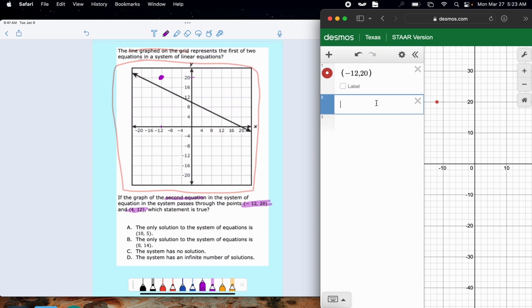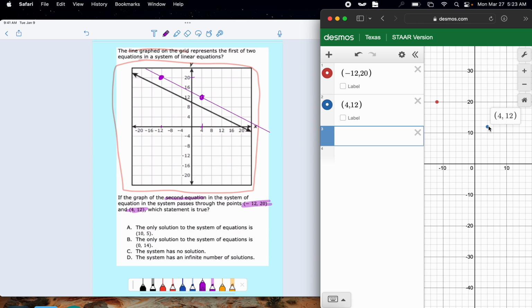So our next one is 4, comma, 12, and it's that blue point right over there. We're going to connect those 2 points. And what we notice about these two lines is that they will, very good, never touch.